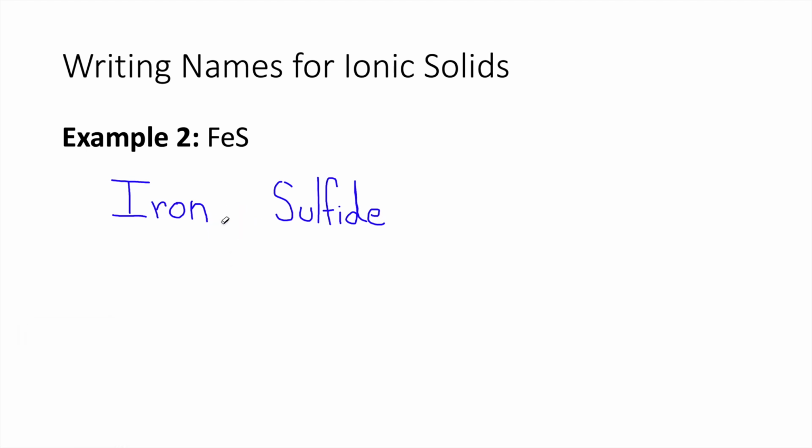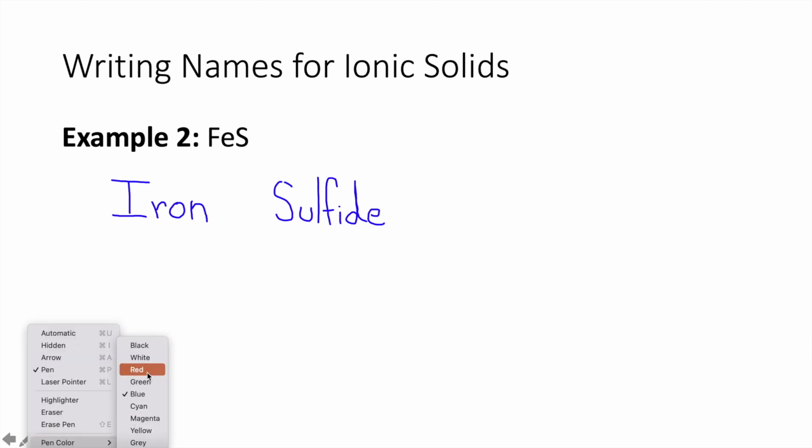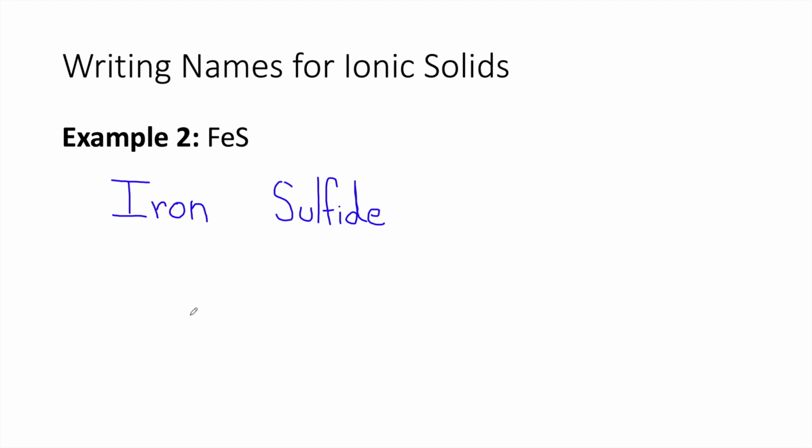All right, so now we have to figure out what our Roman numerals are for iron. Remember, the Roman numerals for these metals are based off of what charge the ion has. Well, just by looking at the neutral compound, we don't necessarily know what the charge is. So we kind of have to work backwards here.